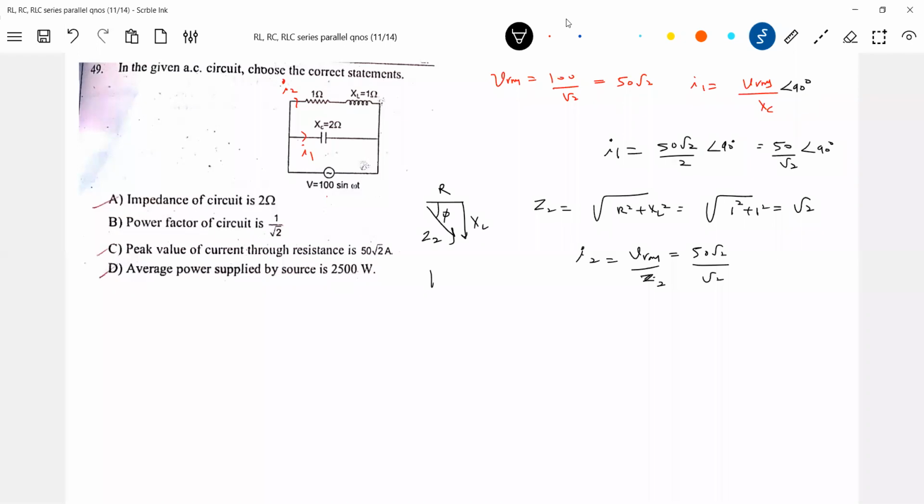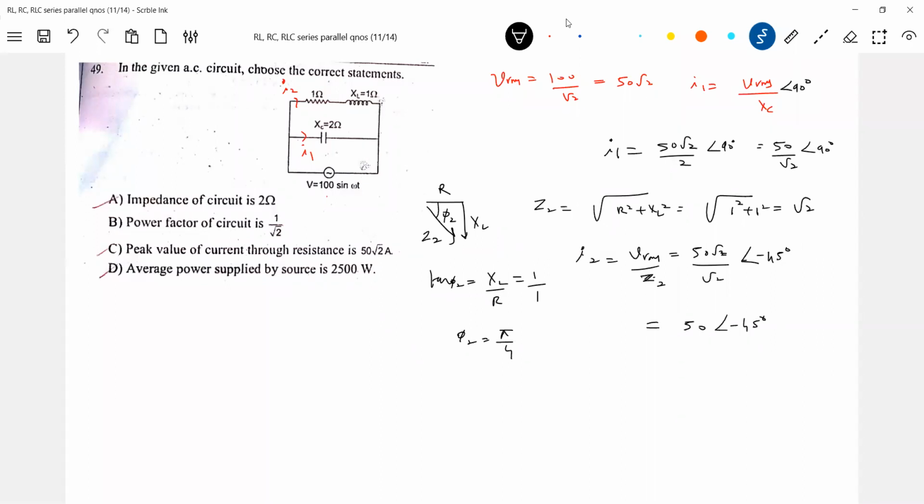So R is equal to XL, so tan phi 2 is 1 by 1, which is pi by 4. So this will be minus 45 degrees.